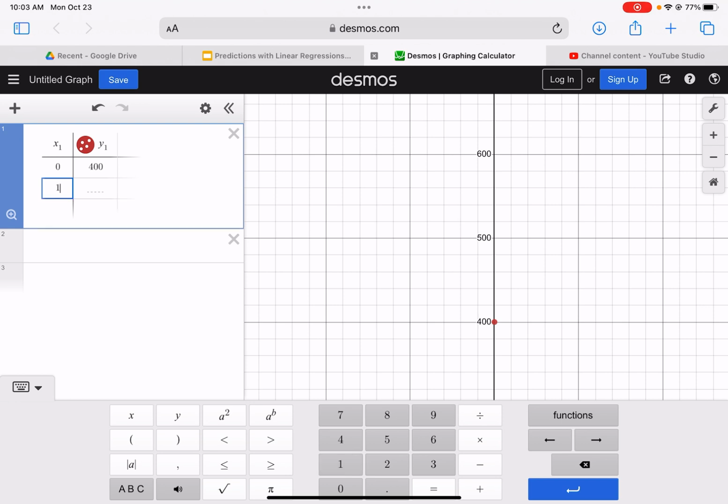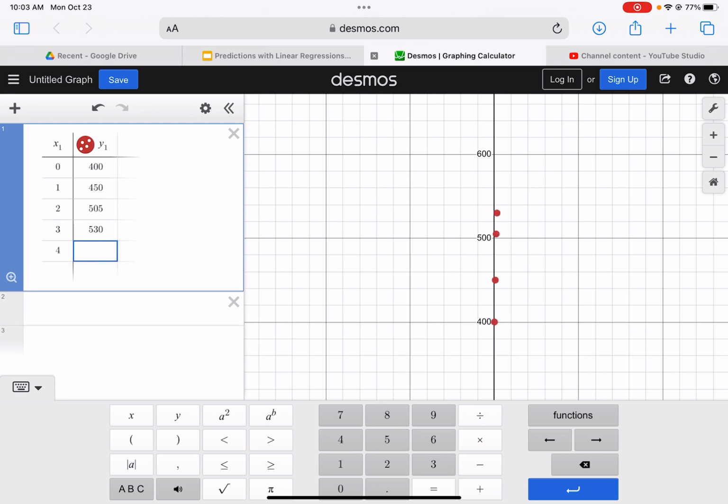After 1 year, $450. 2 years, $505. 3 years, $530. 4 years, $580. And 5 years, $600.